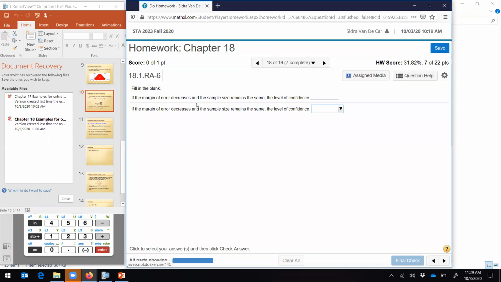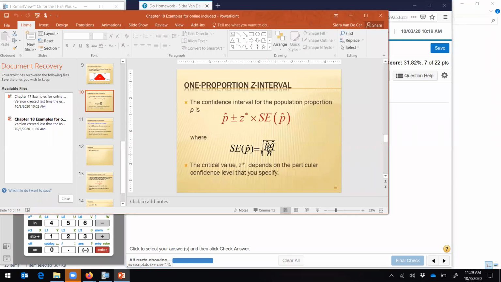If the margin of error decreases and the sample size remains the same, okay, so my margin of error decreases, but the sample size remains the same. So this value remains the same, this value remains the same, but this had to get smaller.